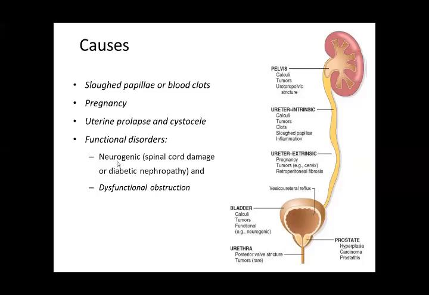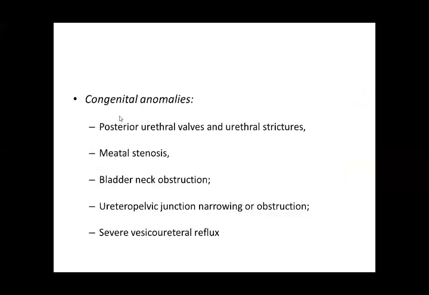If there is spinal cord damage, then there is a problem with the sympathetic and parasympathetic nervous system, controlling urinary release and retention. That will cause abnormal dilatation of the ureter, back pressure, and nephritis. The dysfunctional obstruction could be there.